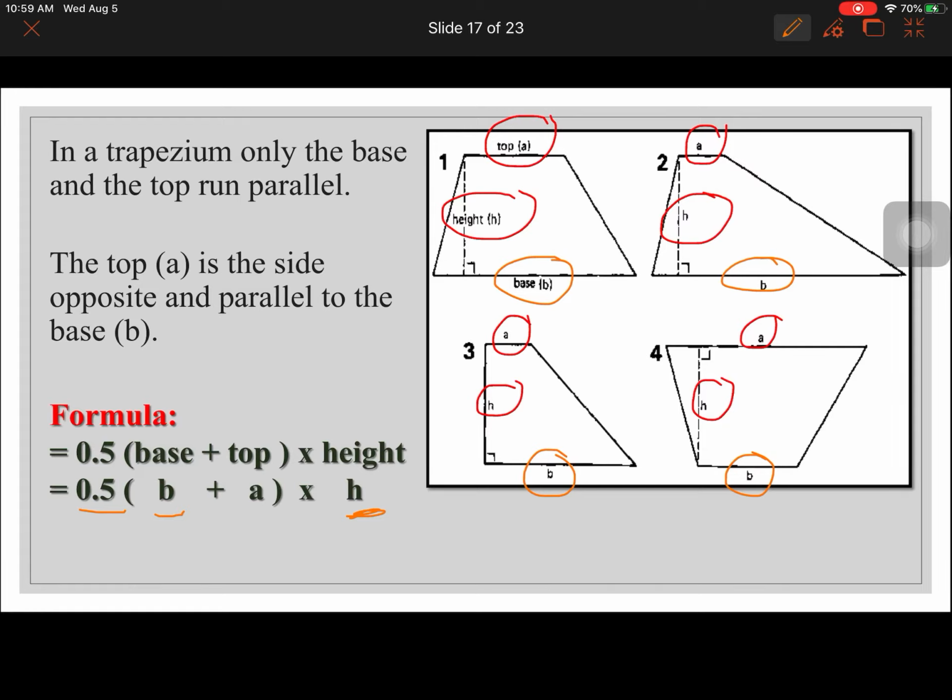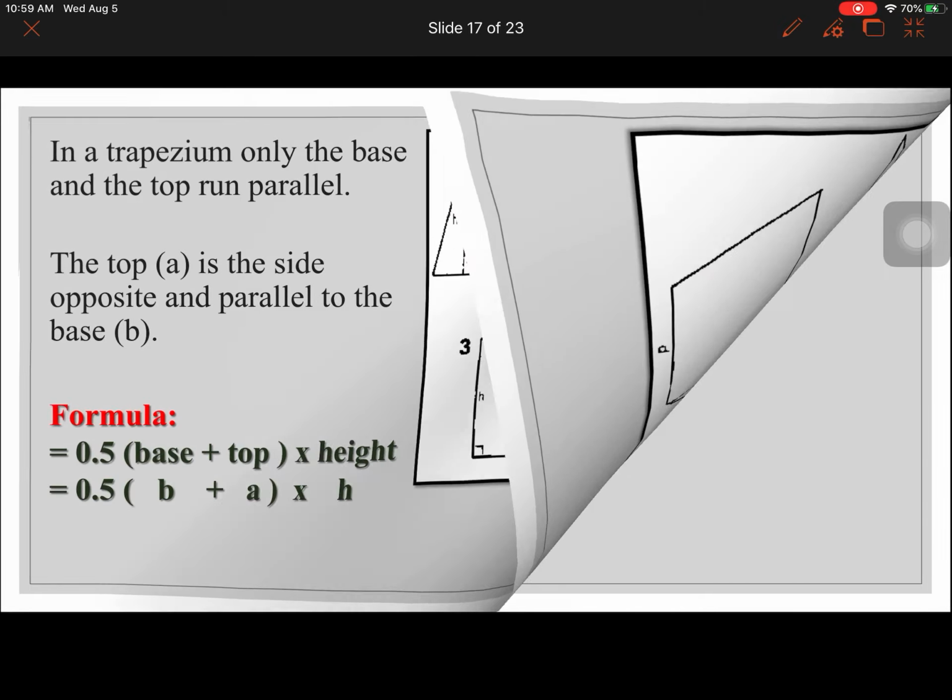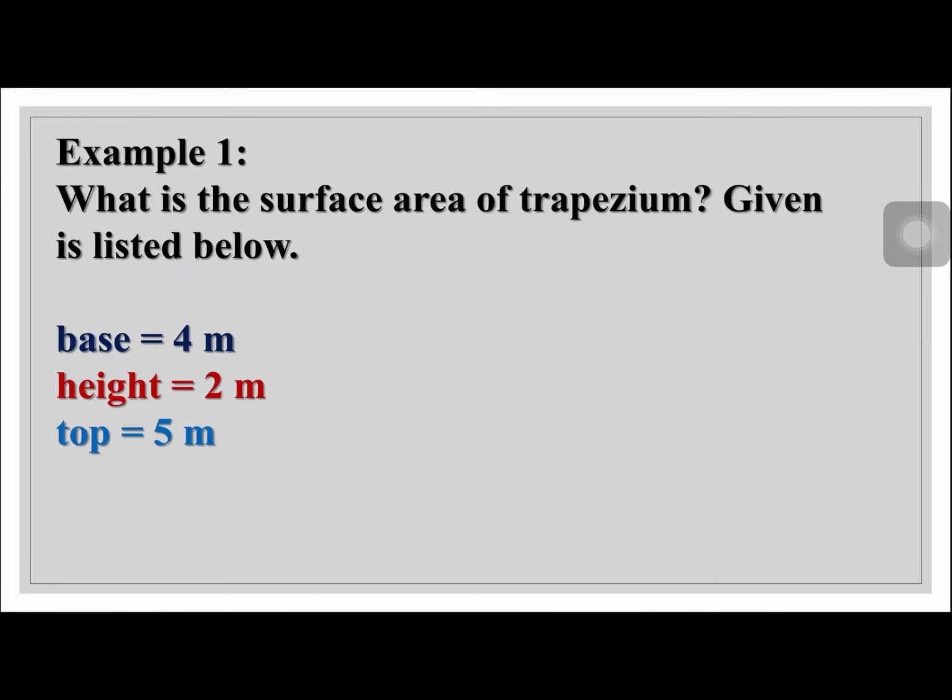Tandaan po yan, ha? Example number 1. What is the surface area of a trapezium? Given is listed below. Ang gagamitin nating formula ay 0.5 times open and close parenthesis base plus top times height.